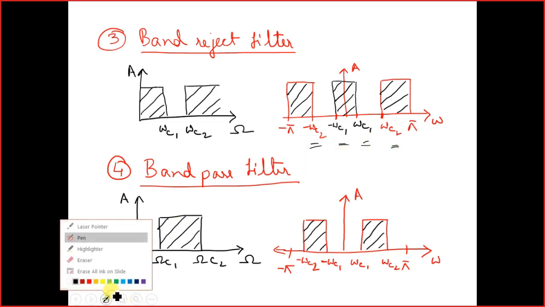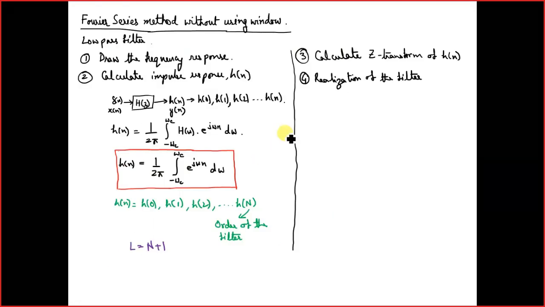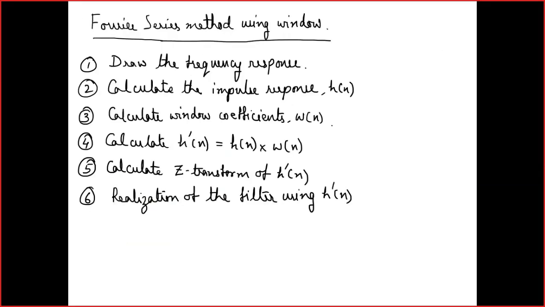After you have calculated the omega c values, you come over here and in the second step you are given the Hn values. So you calculate the limits, then you calculate Hn, then the Z transform, and then you go for the realization. We will take up one example in the next class, because we will not have sufficient time today.